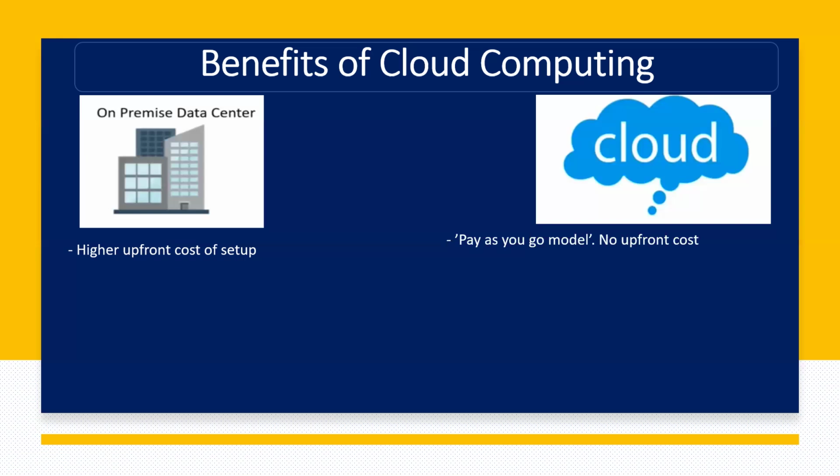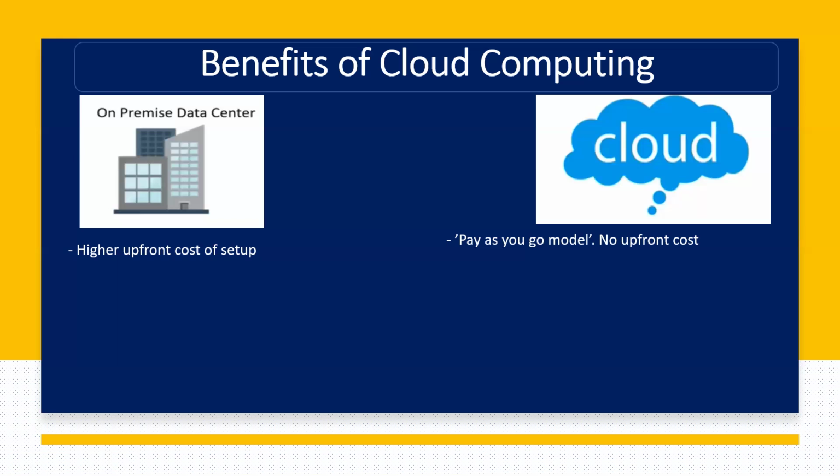like Microsoft, Amazon, Google. These types of organizations are already providing these setups. So we can pay and use it. Suppose you want to use only two or three resources, you can pay and start to use them.